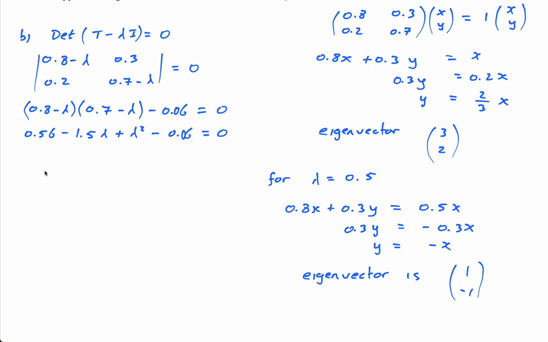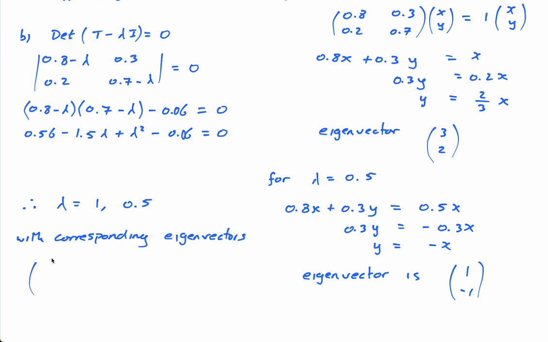Okay, so if you want to write down the answer clearly, lambda equals 1 and 0.5, with corresponding eigenvectors.